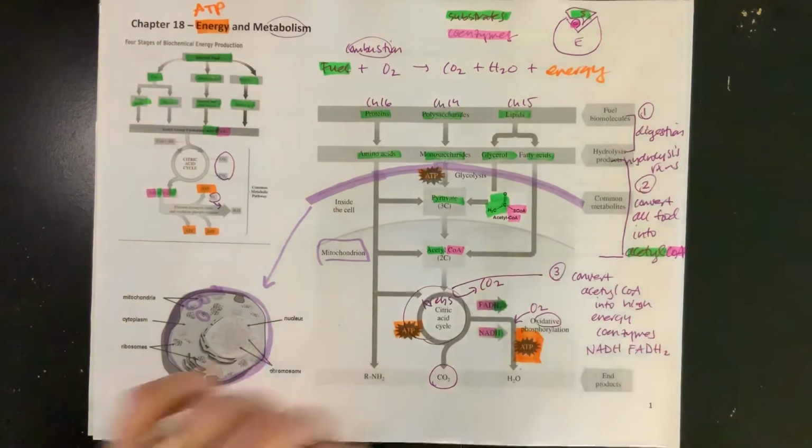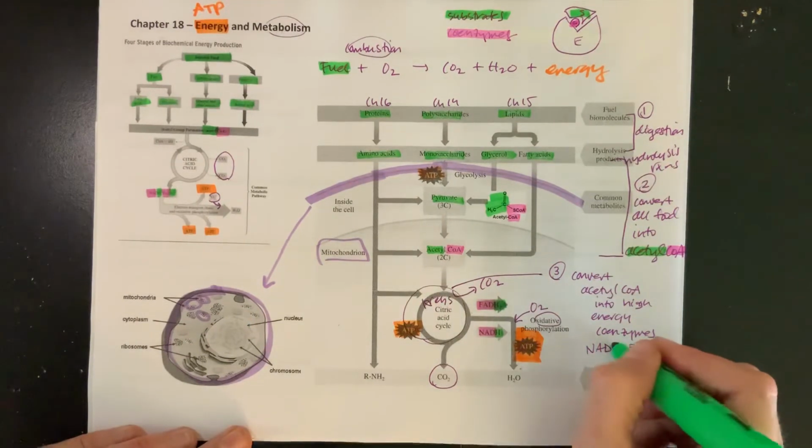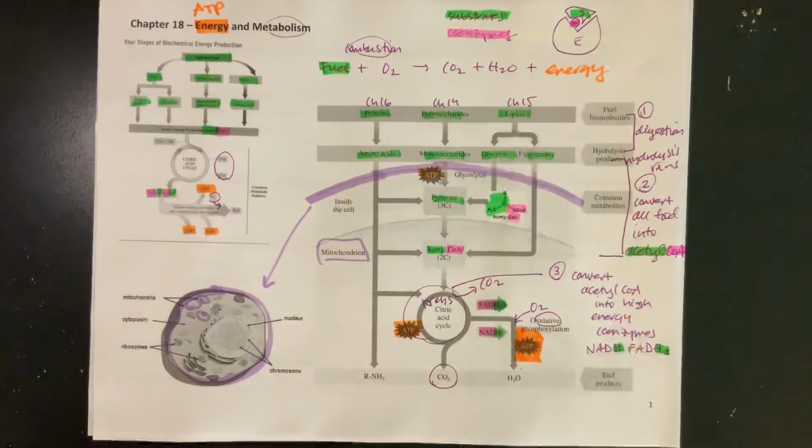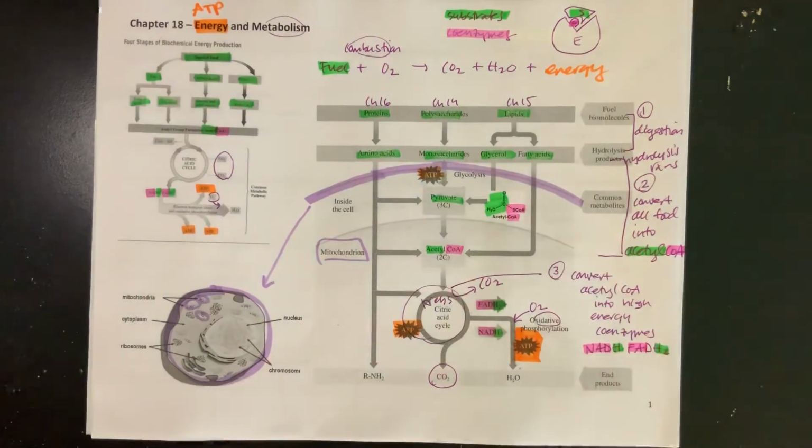And we've seen those help with some oxidation and reduction reactions throughout the semester, right? And they're here again. At this point, your food is just these high-powered hydrogens. It's a proton and it's an electron, and we need both of those to carry on to the next phase. So that's stage 3.